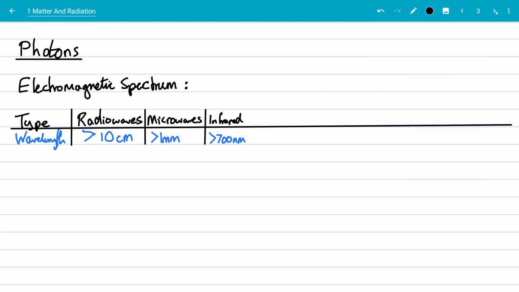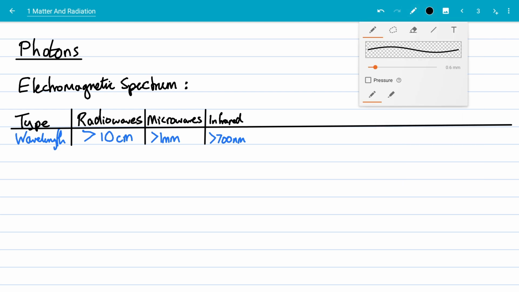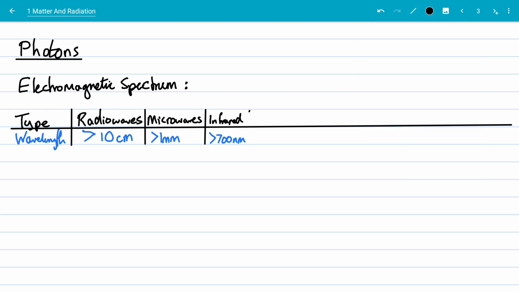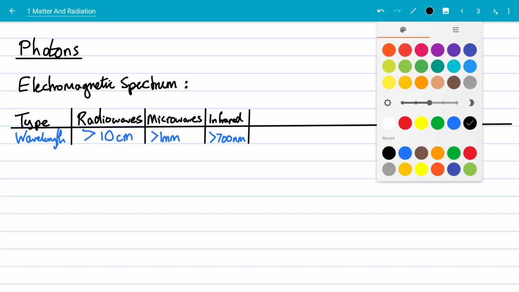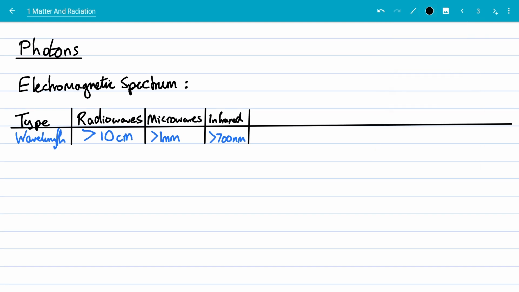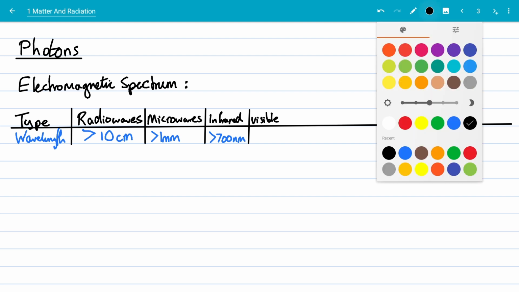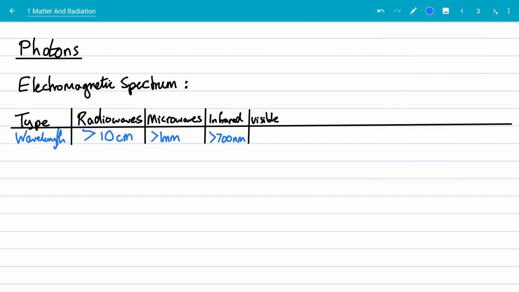Right, lovely. Now, infrared radiation is also used in things like night vision cameras. They can be sensitive to infrared. We can also transmit information with infrared with remote controls. And then we have the star of the show, visible light. Now, visible light has a wavelength between 700 nanometers and, well, about 400.